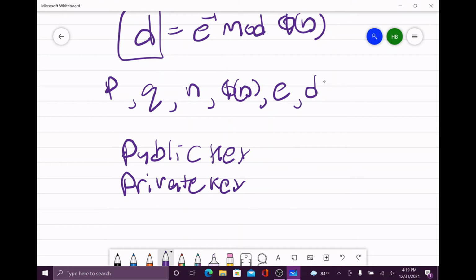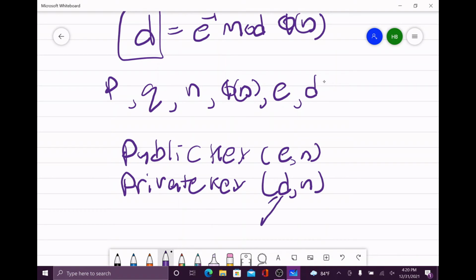To encrypt data, we can use this public key, and to decrypt them we need this private key. The public key is a pair of numbers which contains E and N, and the private key is a pair of numbers which contains D and N.